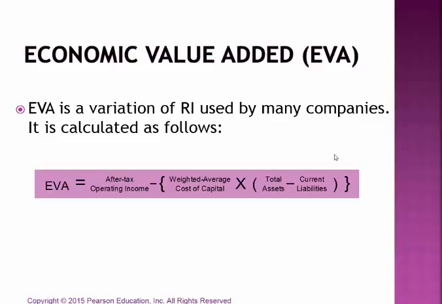So total assets, that's everything we own, minus only our current liabilities. What does that leave us? What's the result there? That is our long-term debt and our equity, correct?